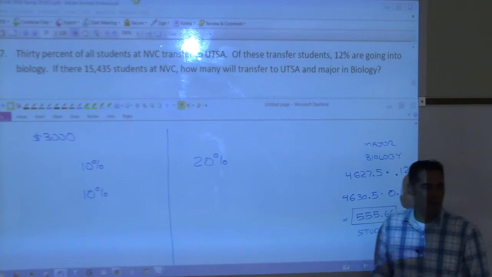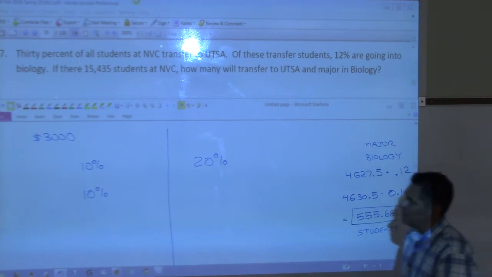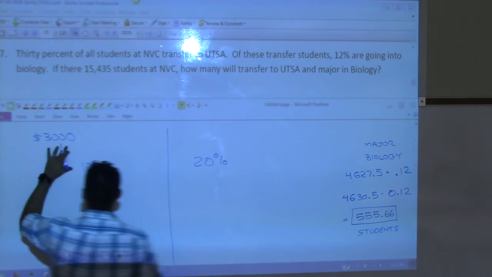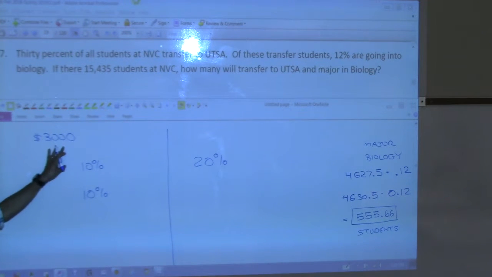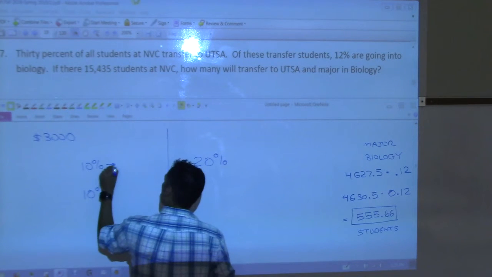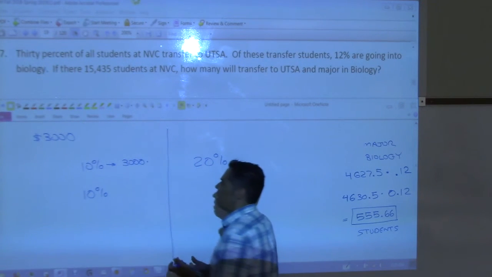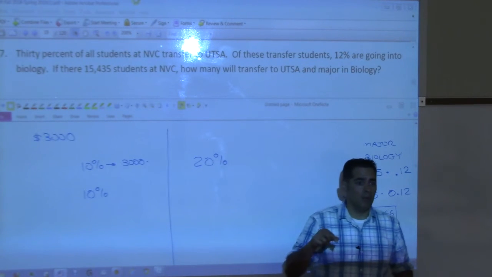So here's the way that Lowe's calculated this. They took 3,000 and took off 10%. How could I figure that out on my calculator? I could do 3,000 times 0.10 to tell me what 10% off is.